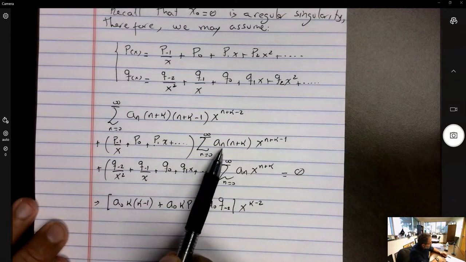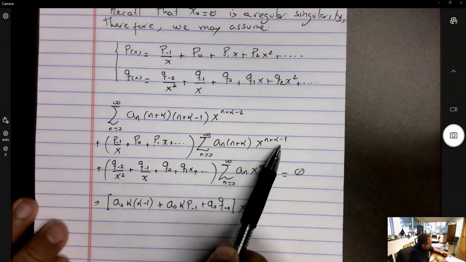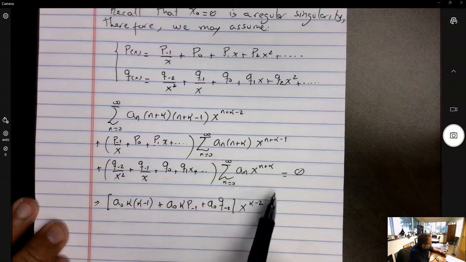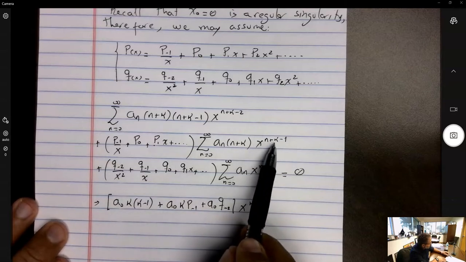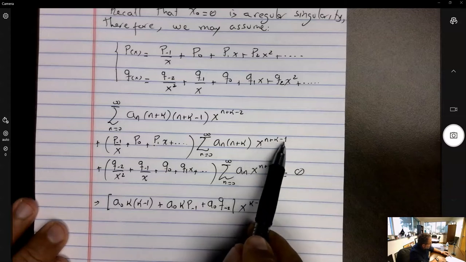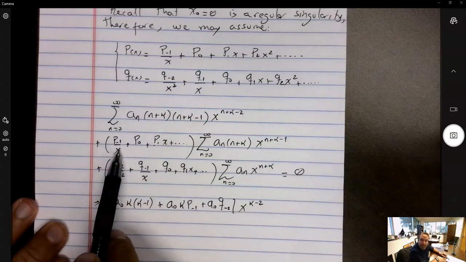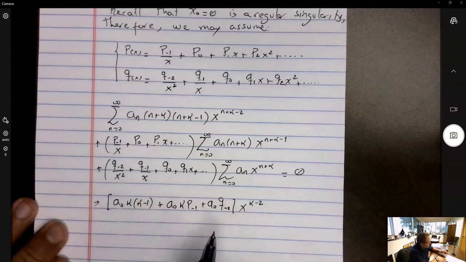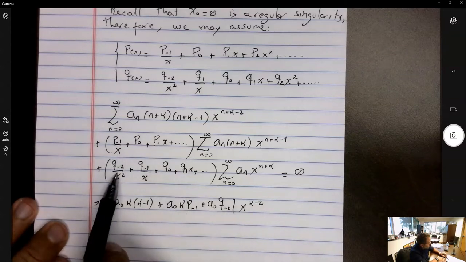Okay, so when n is equal to 0, I get x to the n plus k minus 1, and then when I get x to the k minus 1 and I multiply times this term, I get x to the k minus 2, multiplying times p_minus1, and the same thing here.